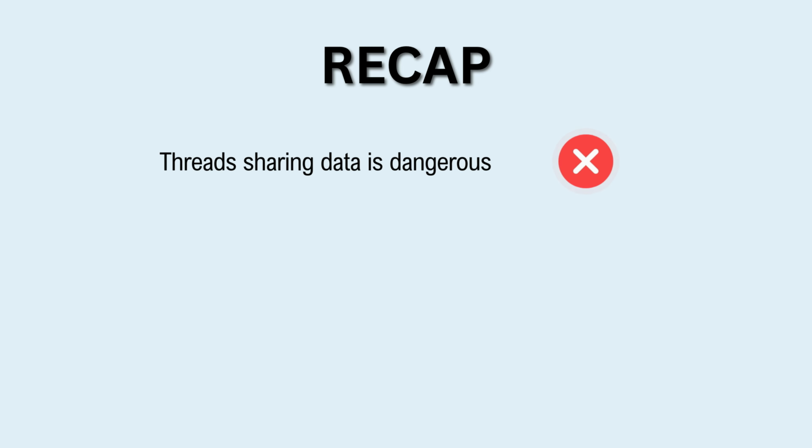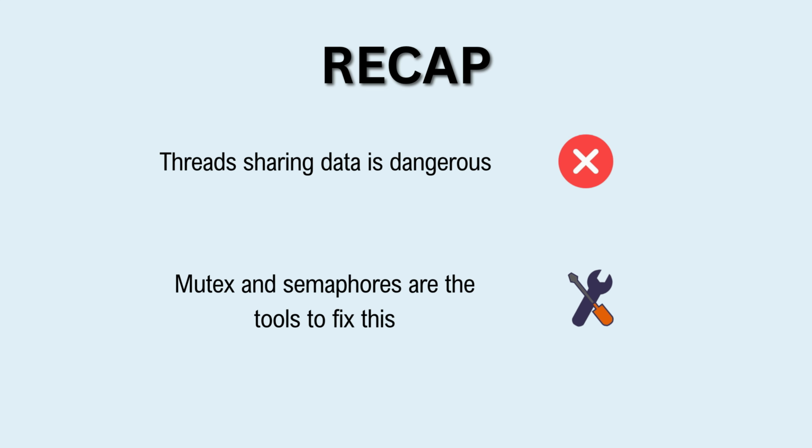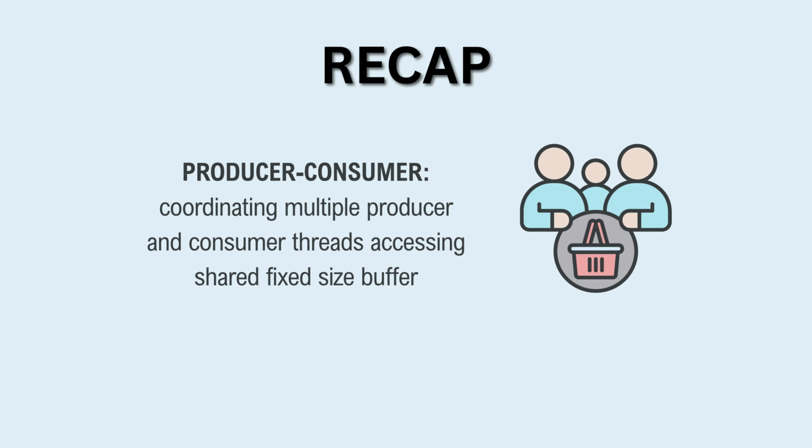Let's go through it. In the previous videos from this playlist, we saw that when threads share data, things can go wrong. Mutex and semaphore are the tools we use to fix that. In the last video, we discussed one process synchronization problem, that is producer-consumer, which deals with coordinating multiple producer and consumer threads that add and remove data from a fixed shared buffer.